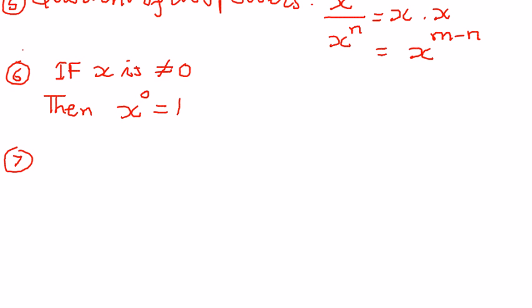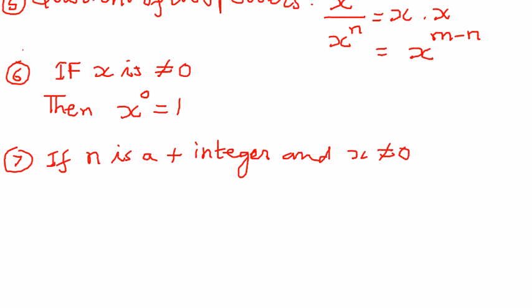If n is a positive integer and x is a non-zero real number, let me state this. If n is a positive integer, and x is not equal to 0, then we can state that x to the power of negative n, we can write that as 1 over x to the power of positive n.